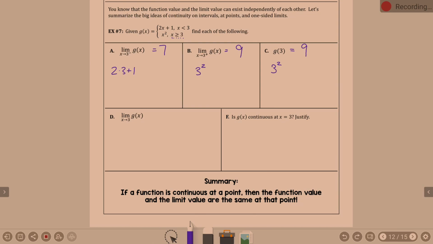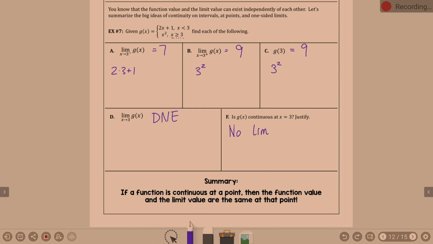Okay. Limit as x approaches 3 of g of x. Left didn't equal right. Is g continuous at x equals 3? No, why not? Because the limit as x approaches 3 doesn't equal g of 3.